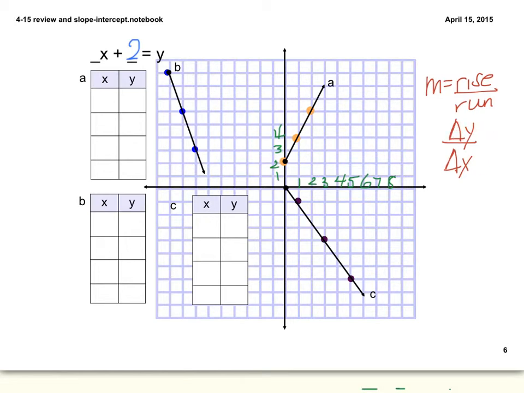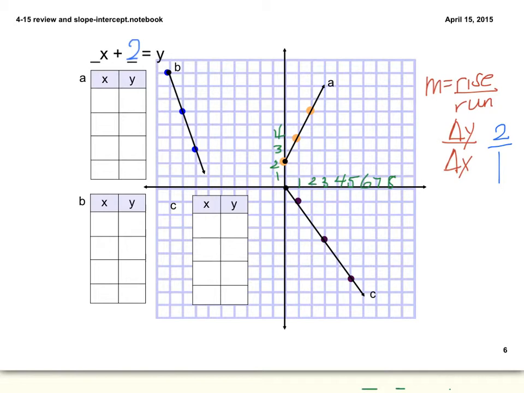Change in Y over change in X. So if I'm analyzing this graph, I'm going to look over here, I'm going to say, here's my point, right here. To get up to the 4, I start at 2, go up to the 4, I go up 1, 2, and then I go over 1. So my hypothesis here is that it goes up 2 over 1, if I'm looking at line A.